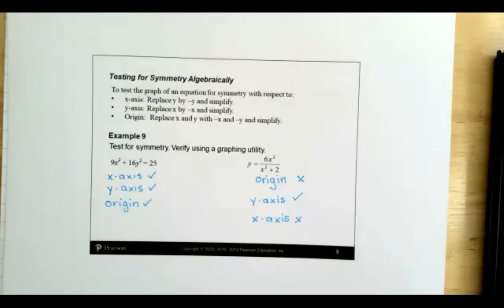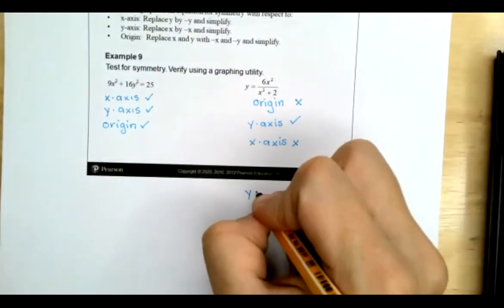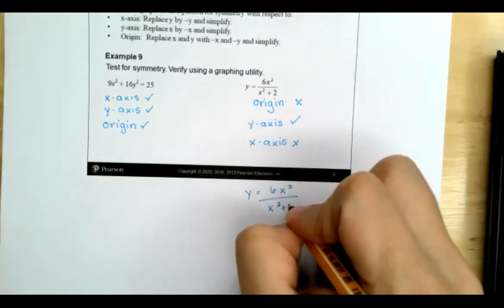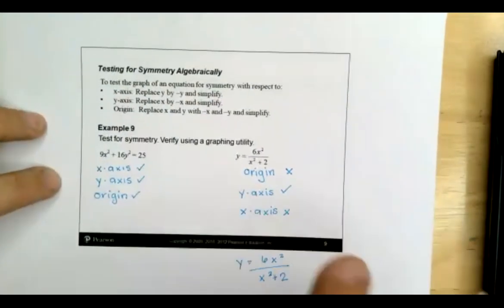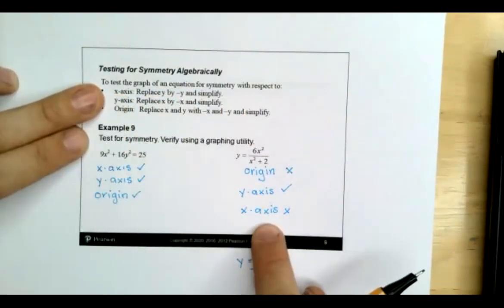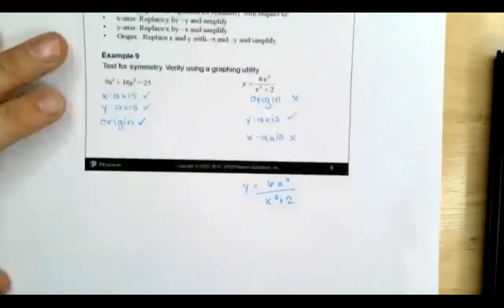Good. All right, so y equals 6x squared over x squared plus 2. What are our rules for symmetry? For the x-axis, which we said it is not, replace y with negative y and simplify.